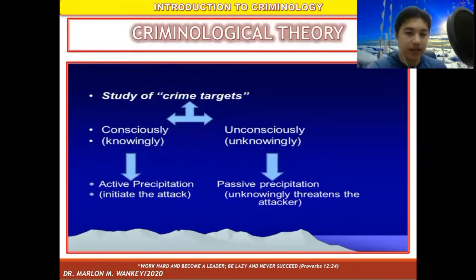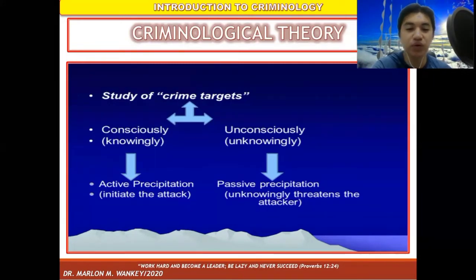So here are two examples of crime targets. People who are being victimized. First, cautiously or knowingly. A person knows that he may receive a reaction when he initiates an action. Like in science, if there is an action, there is always a reaction.